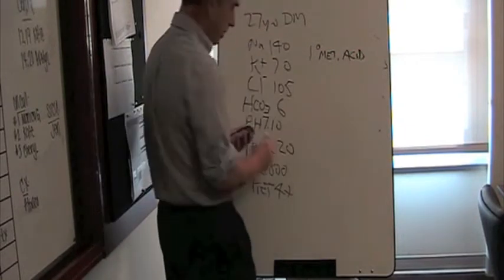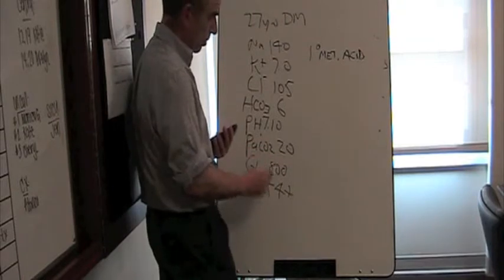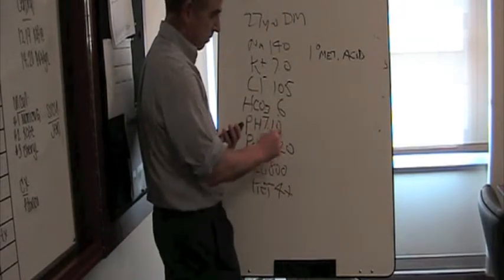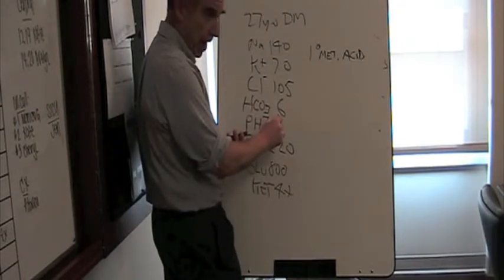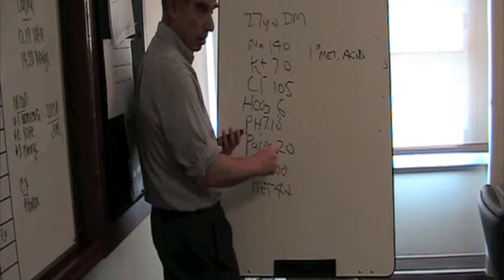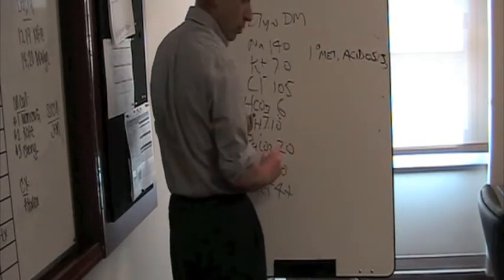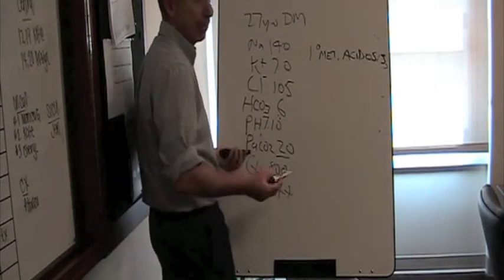You look and you see the pH is low, it's acidemia. You have a low bicarb, which goes along with a metabolic acidosis, and a low PCO2, which goes along with what? Respiratory alkalosis.